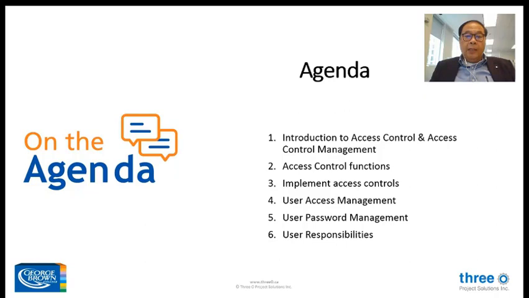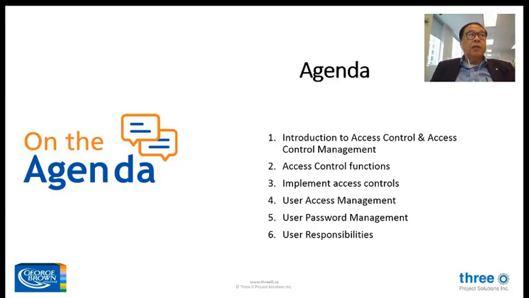We'll look at an introduction of access control and access control management. And then we'll look into the access control function, the various access control functions, and then how to implement them. And then we look at user access management. This is a key piece for most IT administrators, managing user access.